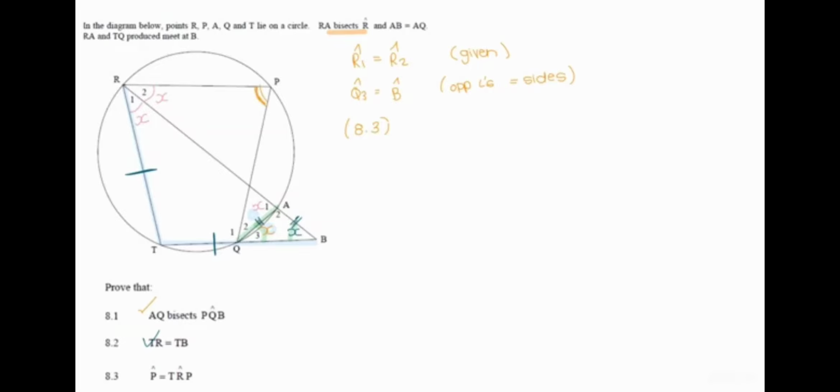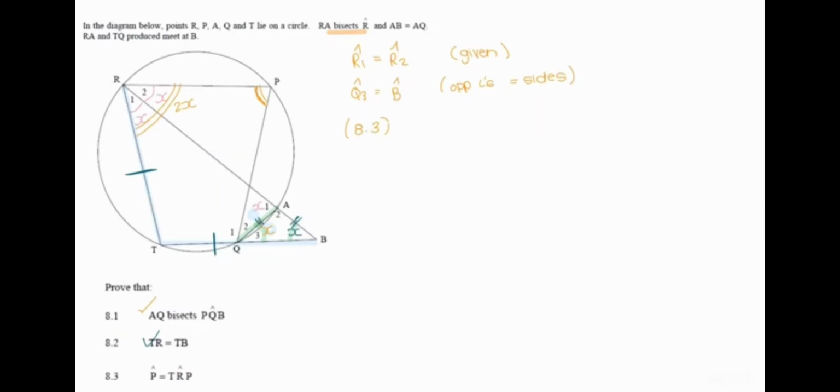So TRP, that's this whole angle here. Okay, so we now know that this is 2x just from what we've deciphered. Okay, and we somehow need to prove that that angle there is also 2x. Okay, so this is where the fun part comes.